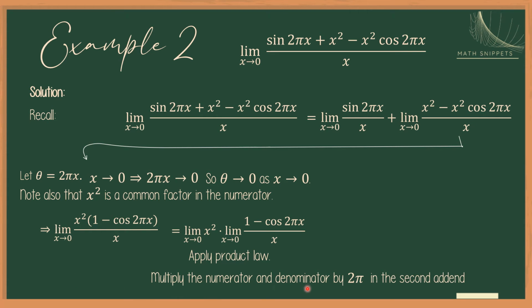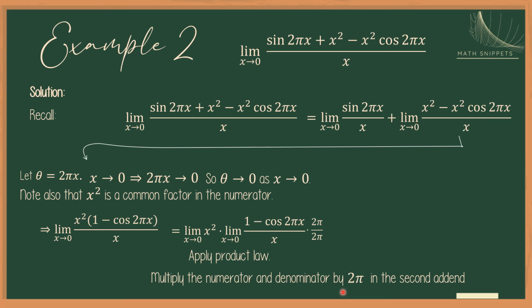Then we multiply the numerator and denominator by 2 pi in the second addend, just like what we did before, since the argument of cosine is 2 pi x, so we need 2 pi x here. Or if you think that this is theta, then we should have a theta here. So for us to have a theta in the denominator, we need to have 2 pi x, but the given is just x, so we need 2 pi.